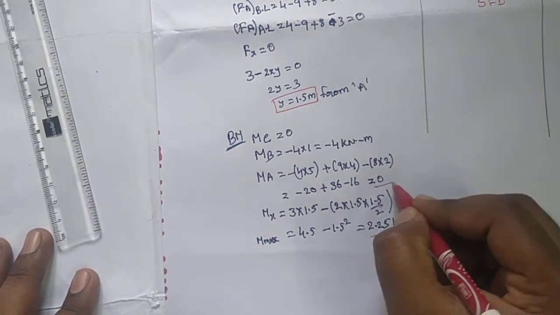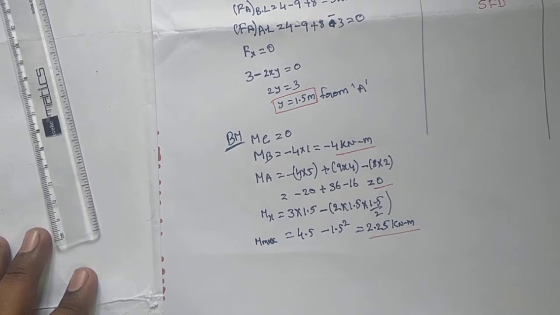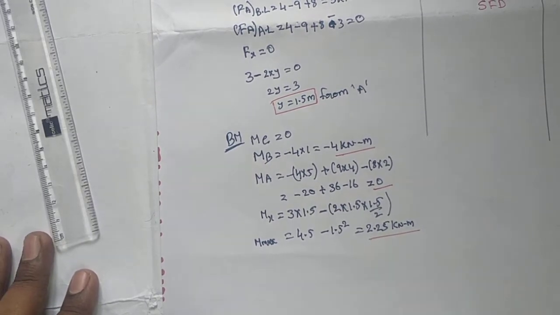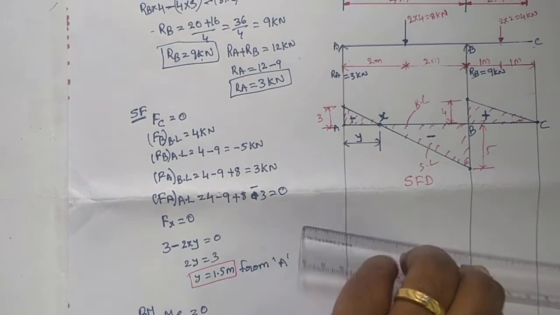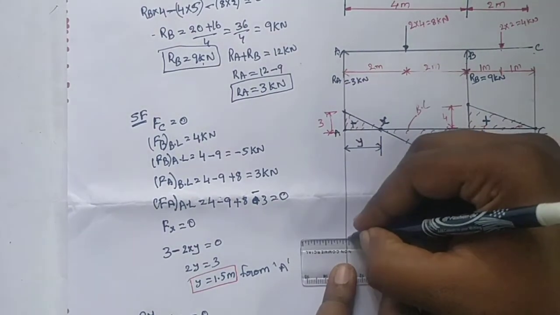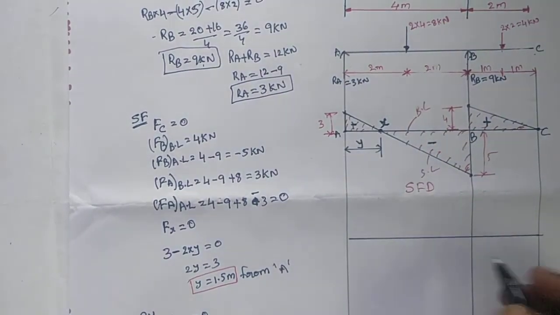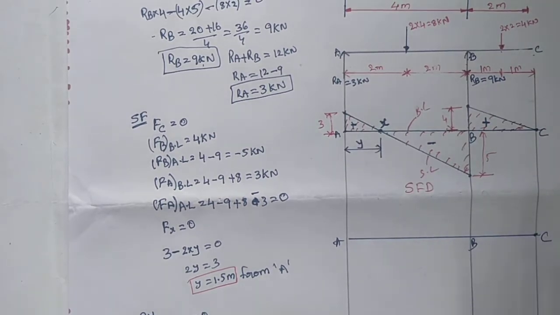Next, the bending moment at point A is 0. The bending moment at point B is minus 4 kilonewton meter. These are the values of the bending moment. By using these values, we need to draw the bending moment diagram. First, draw the baseline and give the notations A, B, C. The bending moment at point C is 0.